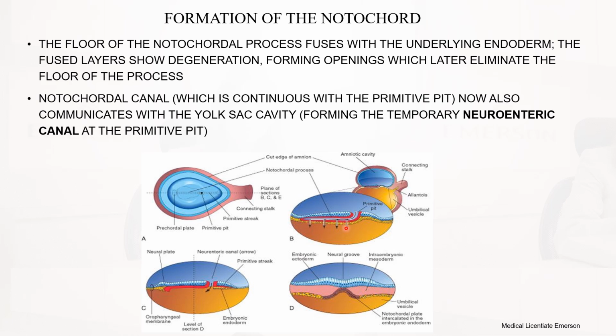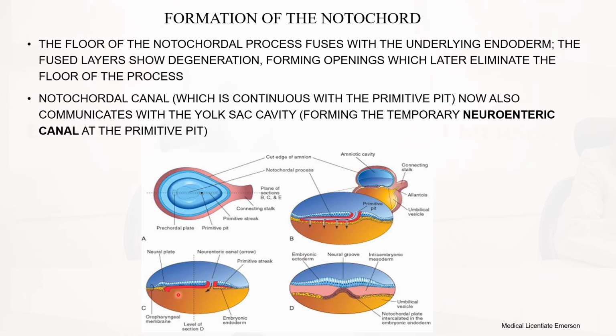I'm sure you have seen the lines here. They are fusing with the underlying endoderm. Then the fused layers are going to degenerate. I'm sure you have seen they have now degenerated here, meaning they are not seen, forming the openings which later eliminate the floor of the process. So the floor of the process has been eliminated, just lying there.